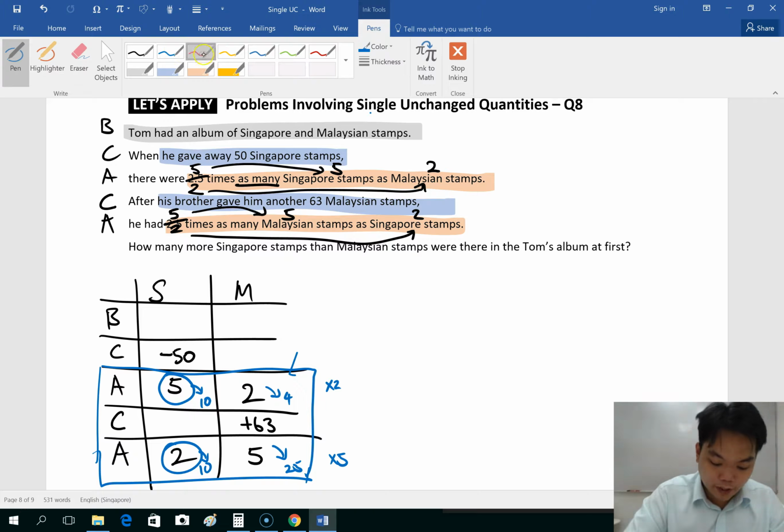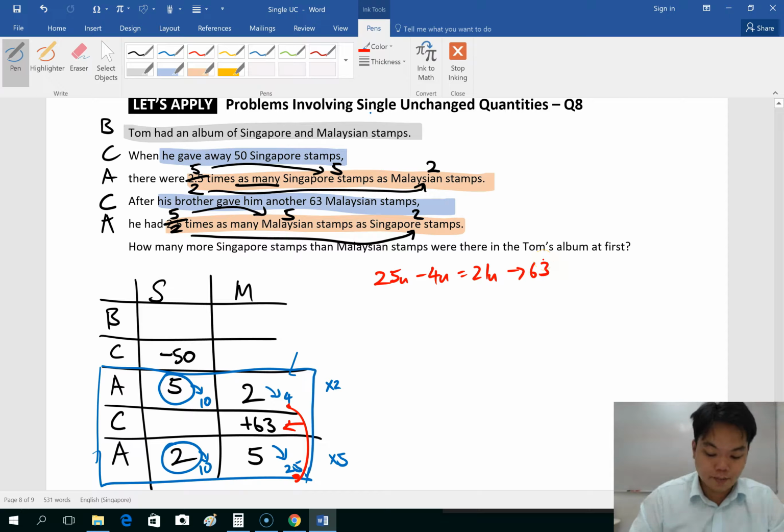And then we compare the differences between 25 and 4. Between them, there was a change of 63. So 25 units minus 4 units will give you 21 units. That 21 units is 63. 1 unit should be 63 divided by 21, 3.